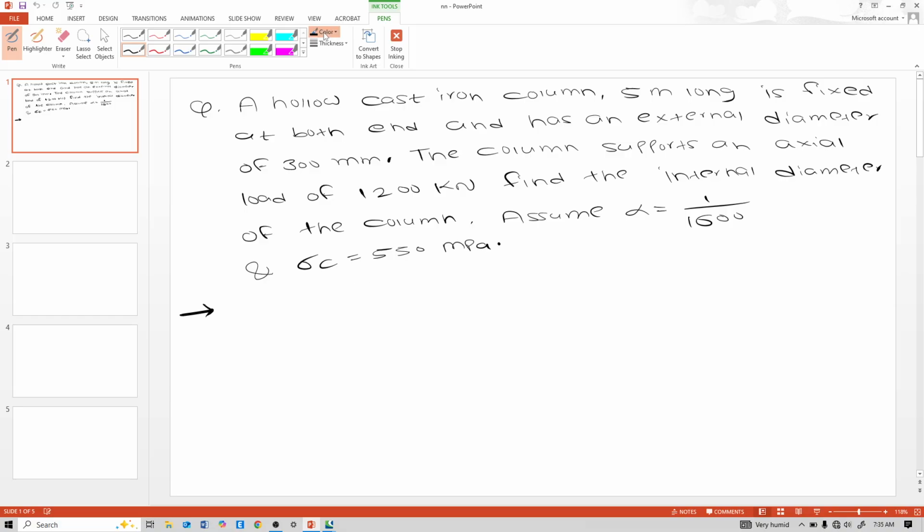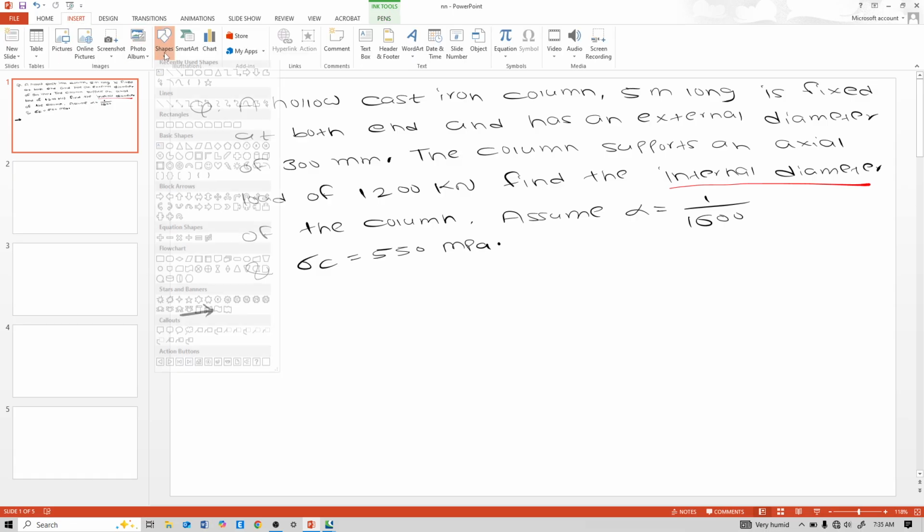So our objective is to calculate that internal diameter, because we know that this is a hollow circular shape column. Otherwise we can just draw it like that.